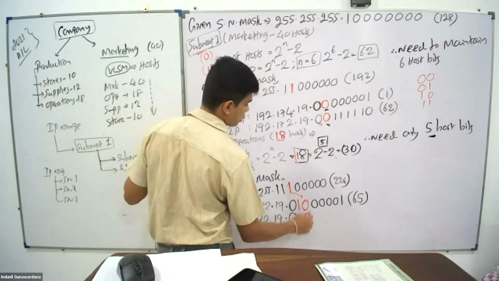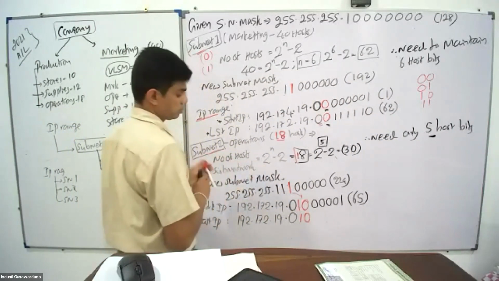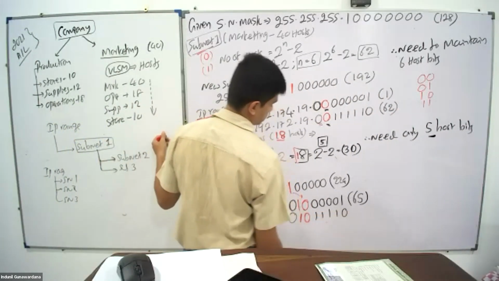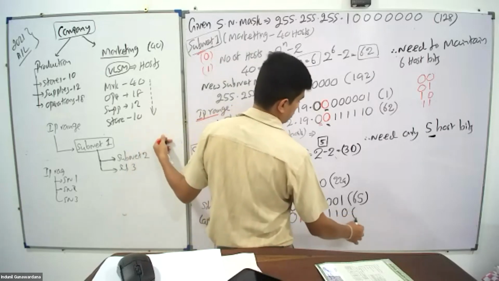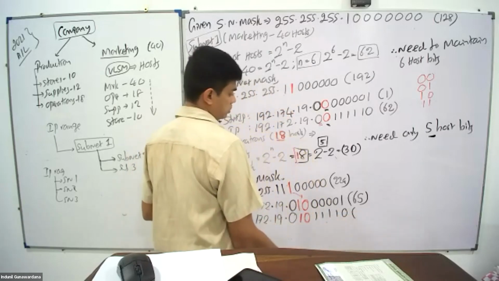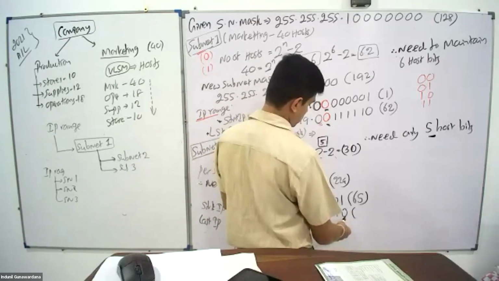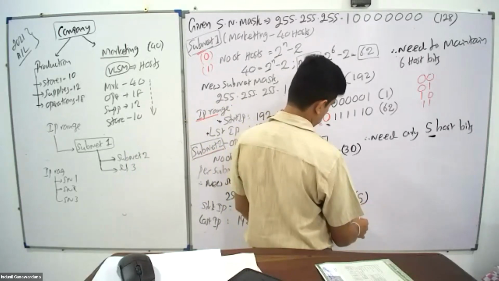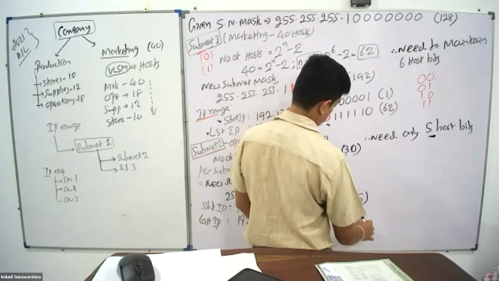And 0. Hosts are going to be 1, 2, 3, 4, 5. Then the last IP becomes 64, 1, 2, 4, 8, 16, 32, 31, 30, 64, 94.